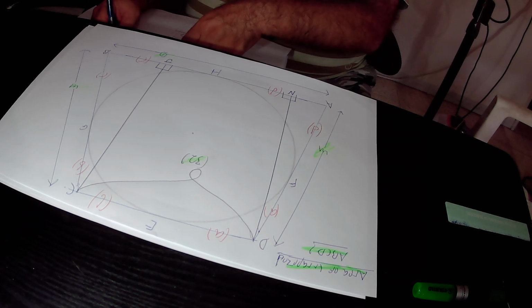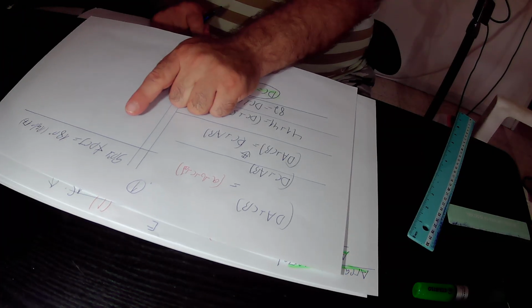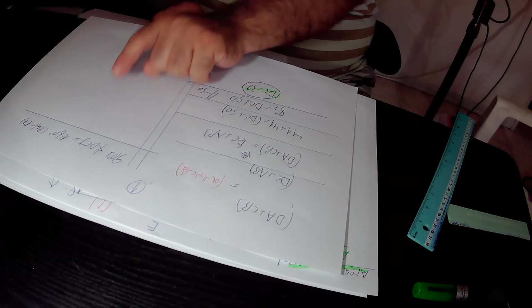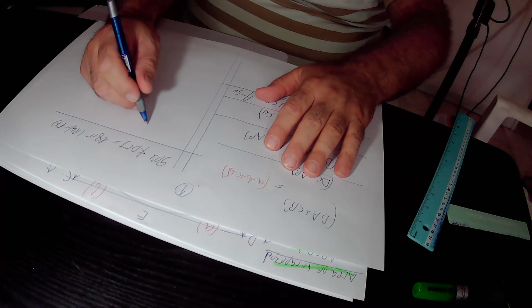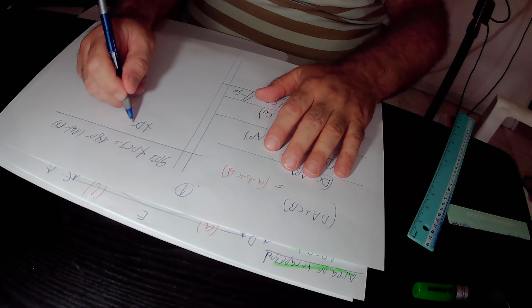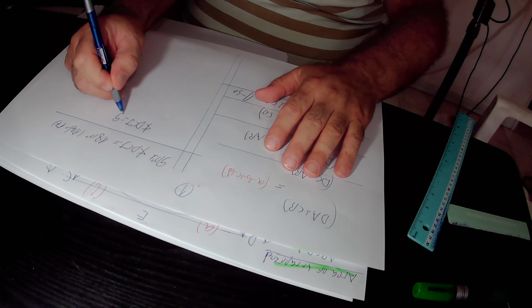And again, 90 degrees plus the missing angle DCJ must in total be equal to 180 degrees. Here we subtract 90 degrees from this equation and finally get that the size of the missing angle DCJ is equal to 180 degrees minus 90 degrees, which is 90 degrees.